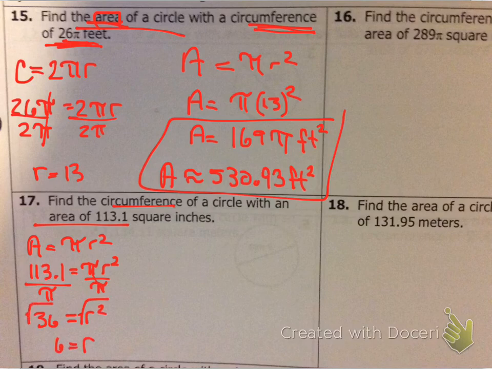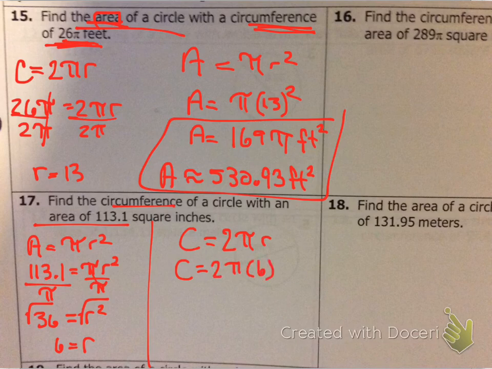Okay, once I find the radius, notice how I'm kind of dividing this in two halves. Now I can say the circumference is equal to 2 pi times the radius. So circumference is equal to 2 pi times 6. That would be 12 pi. And then if you want to, you can multiply that out to get 37.7.